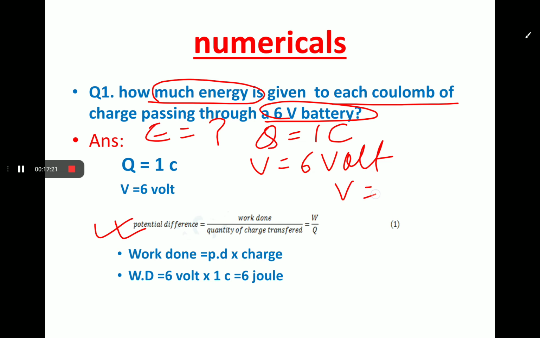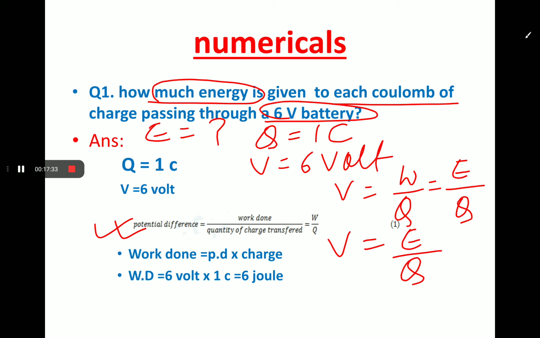That means V is equal to work done by coulomb. Now, that work done must be equal to the spent energy. That means V is equal to E by Q. So you have to find the energy. So use this formula, and energy is equal to V into Q. You can put the value of potential and charge, and you will get the answer. And you have to put the SI unit of energy because you are calculating energy.